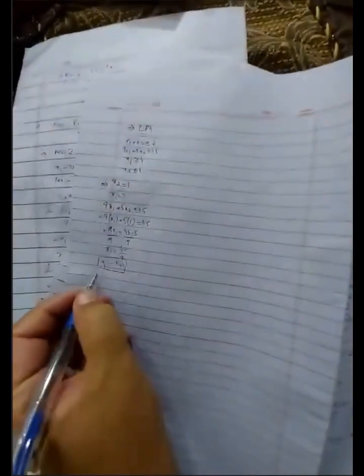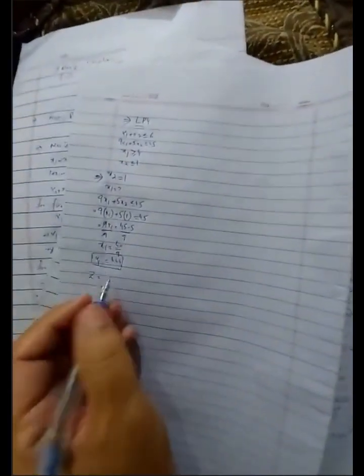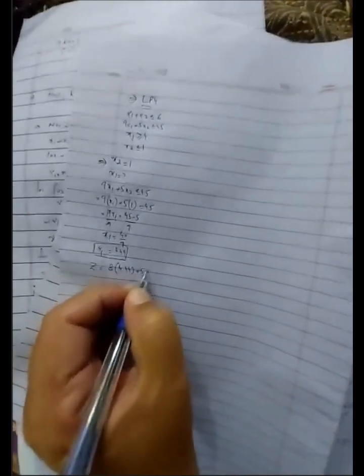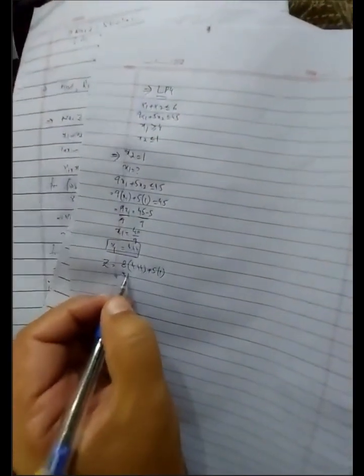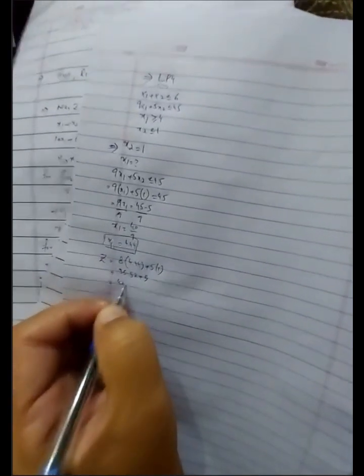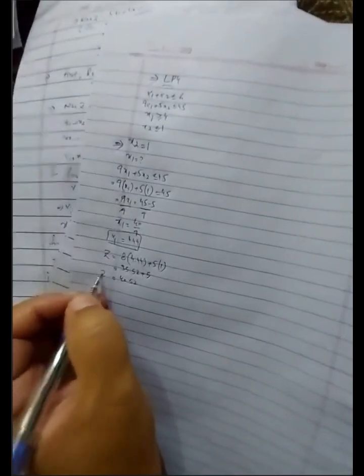Now the z value over here is 8 into 4.44 plus 5 into 1. It will give us 35.52 plus 5, 40.52. Now this is the solution that is given by the LP4.